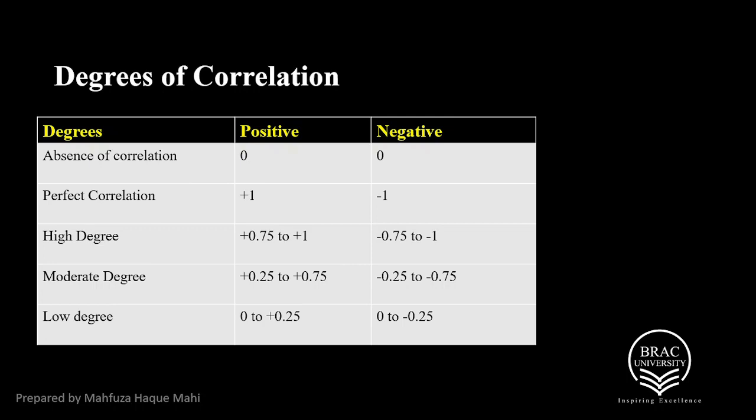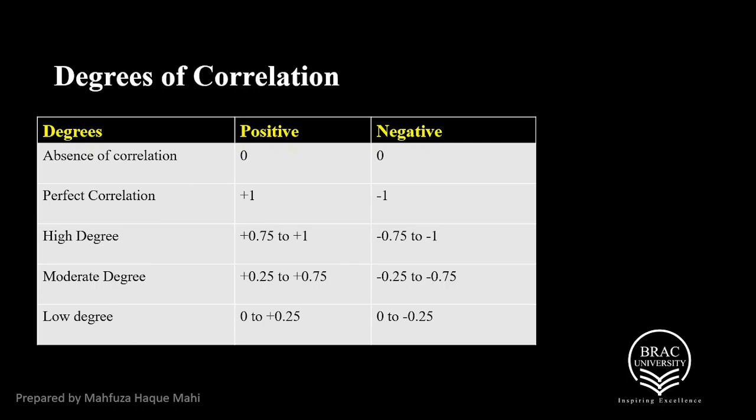If r varies from +0.25 to +0.75, it means there exists moderate degree of positive correlation. On the other hand, if r varies from -0.25 to -0.75, it implies that there exists moderate degree of negative correlation.